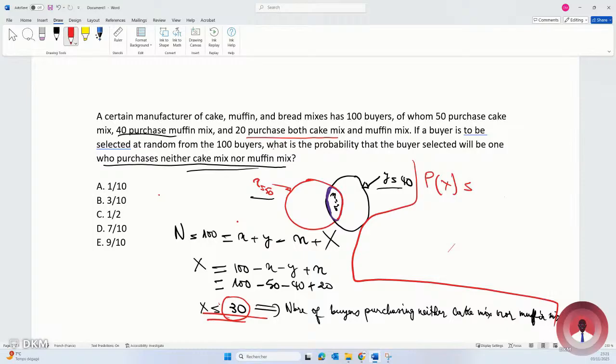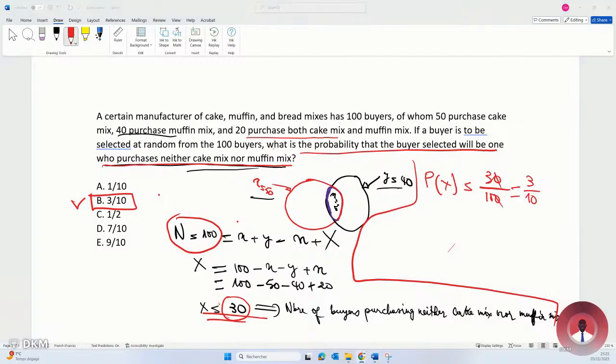It's going to be equal to the number of those purchasing neither cake nor muffins, 30, over N, the total number of buyers, which is 100. So this is going to be 3 over 10. So the answer is answer B. The probability that the buyer selected will be one who purchases neither cake mix nor muffin mix. So 3 over 10.